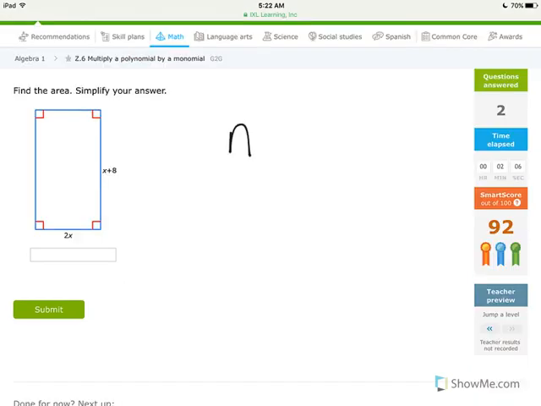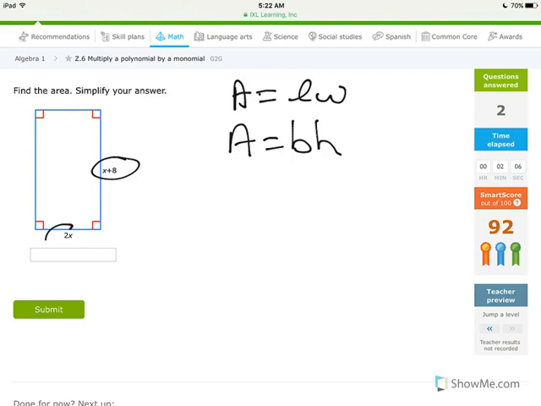And for a rectangle, base times height, or length times width, some people call it. But you're basically just multiplying the two sides. So one of the sides is 2x, and the other side is x plus 8.